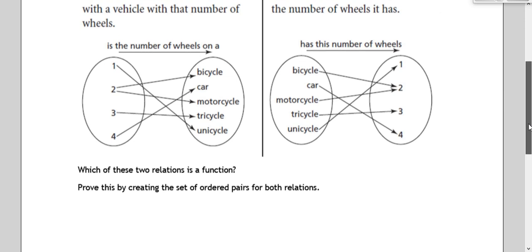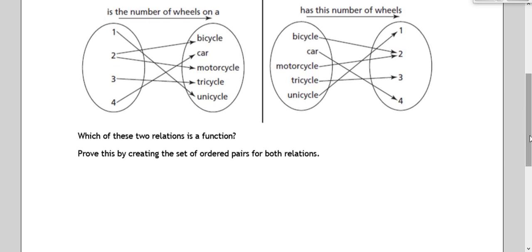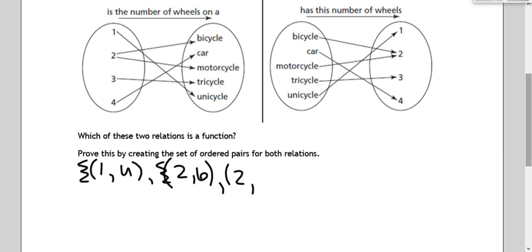So if I look here, my first one, I have (1, unicycle), comma, (2, bicycle). Sorry, that should be curly brackets, (2, motorcycle).